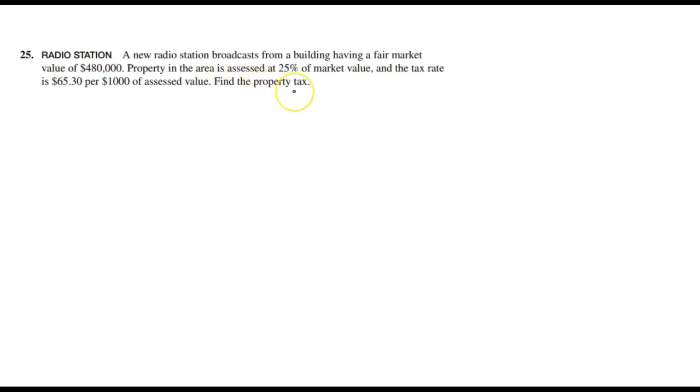Find the property tax. So the first step is to find the assessed value. To find the assessed value, we're going to take that assessment rate of 25% as a decimal times its fair market value, and the fair market value is $480,000. Multiplying the two together, I get $120,000 for the assessed value.